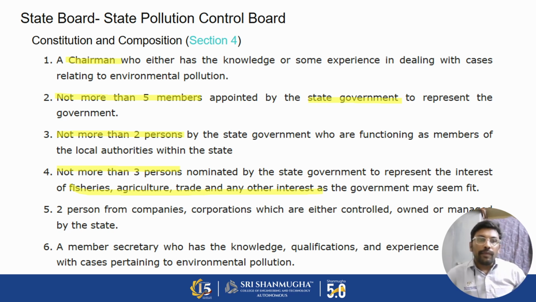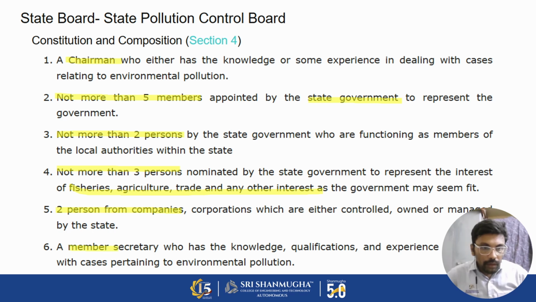This point we already discussed in the CPCB column. After that, 2 persons from the companies or corporations which are controlled, owned or managed by the state, that is, the state government companies, and also a full-time member secretary.